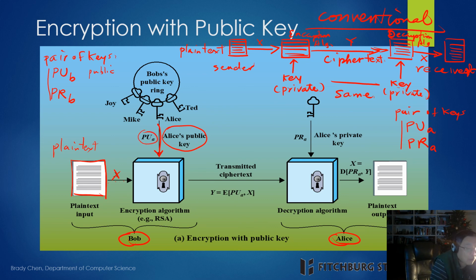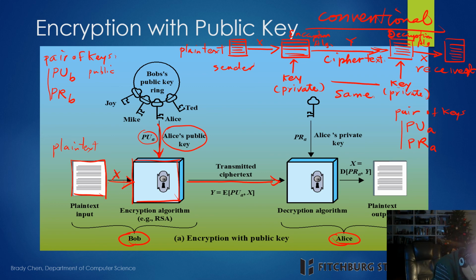Now how could Bob get the PUA? Well, it's the public key for Alice, so everyone can get the PUA, not just Bob, everyone. So Bob grabs the PUA and then uses the encryption algorithm, mixing the plain text and Alice's public key. This is going to generate a ciphertext.